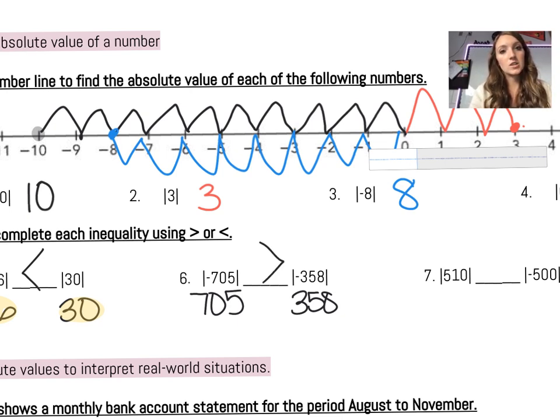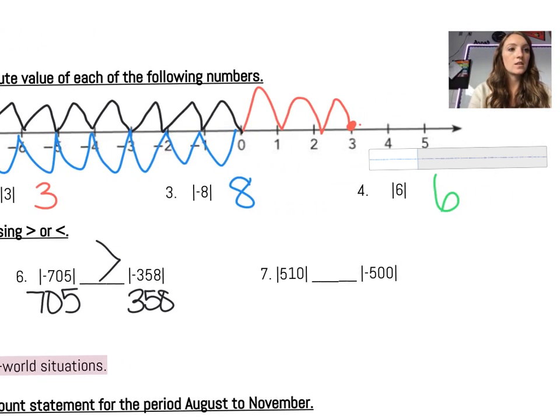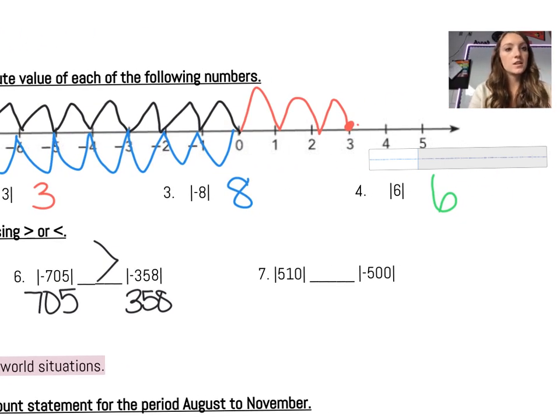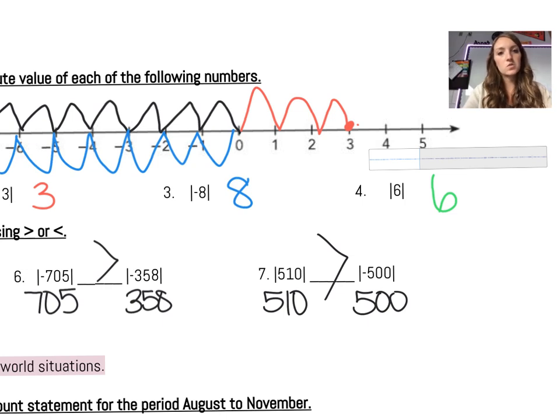Therefore, I need to write in my greater than symbol. And the last one here, I have a positive 510 and also a 500 distance. So I'm going to show the greater than symbol, that the absolute value of 510 is greater than the absolute value of negative 500.